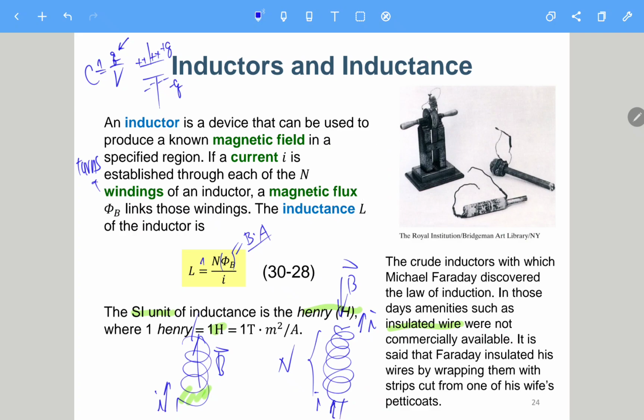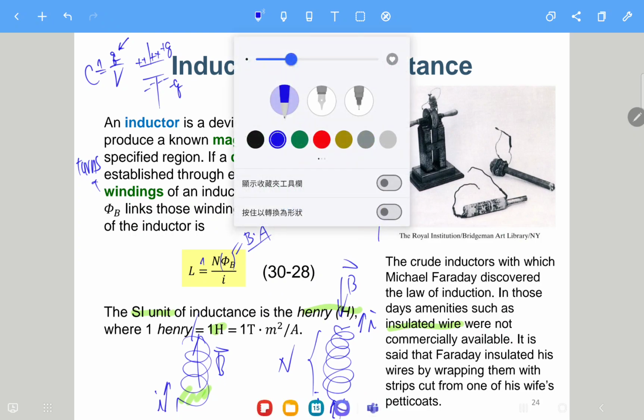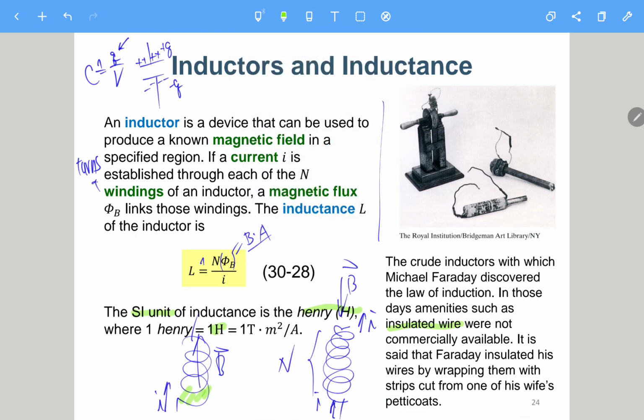So we need some insulator to wrap the wire, so that if we make it an inductor, the adjacent turns won't touch each other.